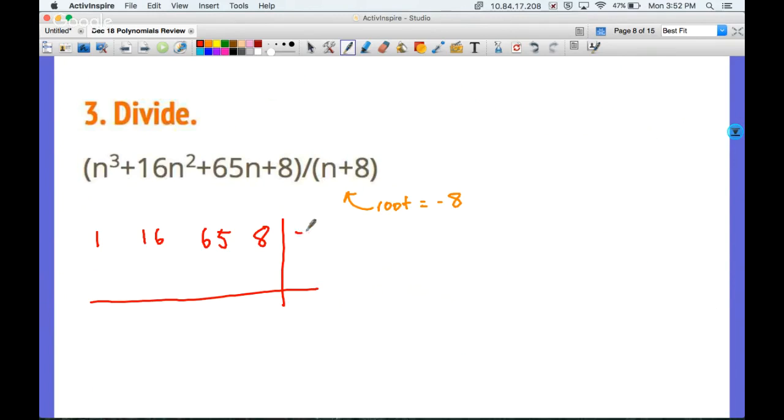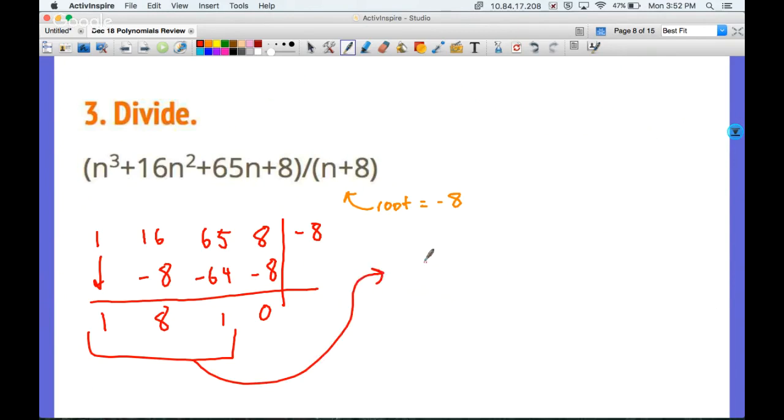We'll do synthetic division with a -8. We drop down the 1, and then it's just multiply, add. Multiply, add. Multiply, add. Multiply, add. And then these become the coefficients of our new polynomial, n squared plus 8n plus 1.